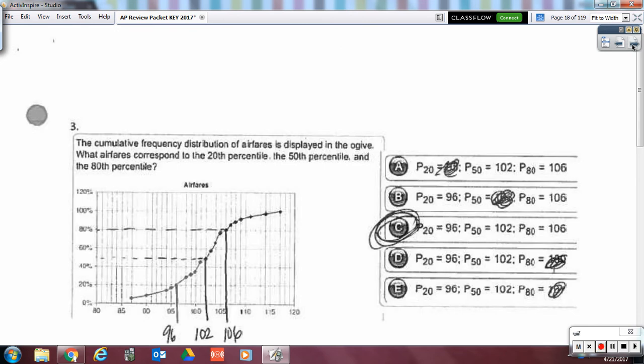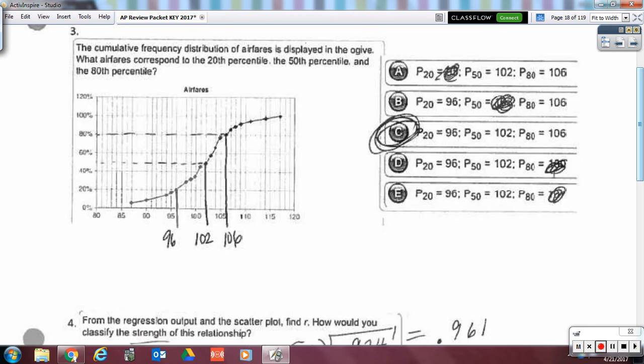Number 3. Understanding how to read a cumulative frequency plot. The 20th percentile is here, which is a score of 96. The 50th percentile is here, a score of 102, and then the 80th percentile here, a score of 106. I want to ask you a question. Where in this distribution are the steepest or the highest histogram bars? If I put a histogram together with this, where are the highest bars?